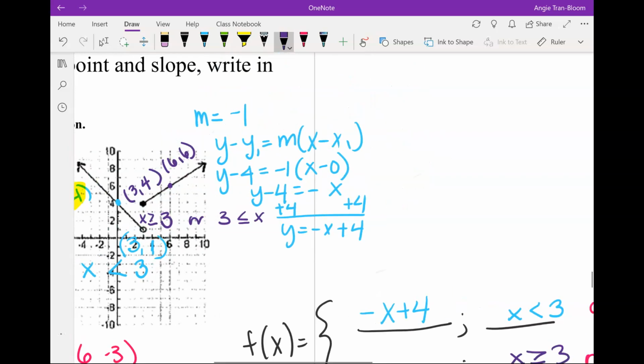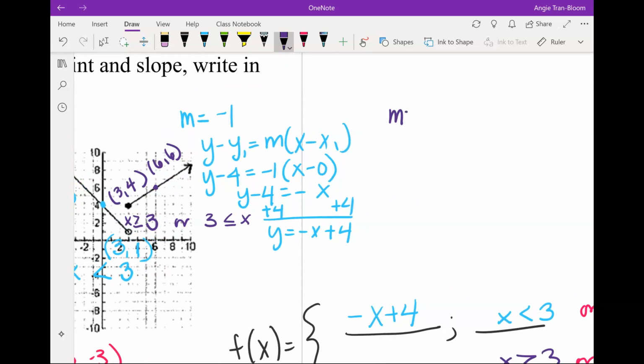Okay, find the slope in the purple ray. Once you have the slope, I would like for you to share it out, and then go ahead and proceed to using the point slope form to write your line.